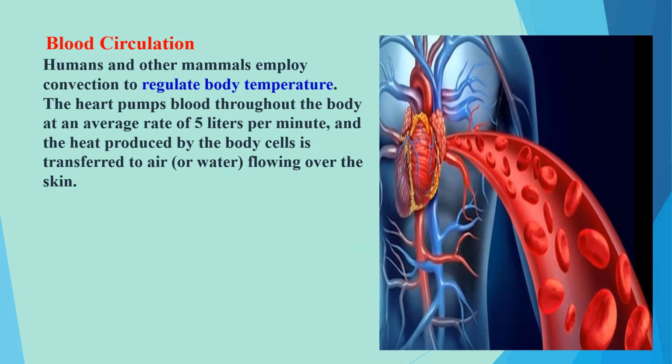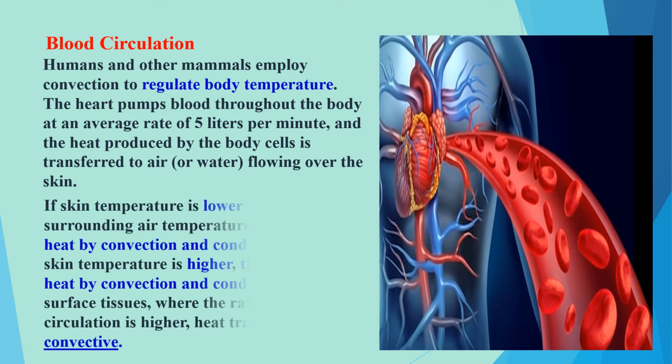Another application is in blood circulation. Humans and other mammals employ convection to regulate body temperature. The heart pumps blood throughout the body at an average rate of 5 liters per minute, and the heat produced by the body cells is transferred to air or water flowing over the skin.